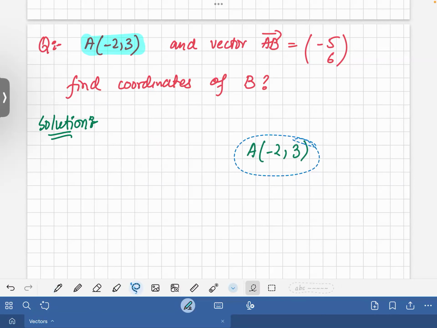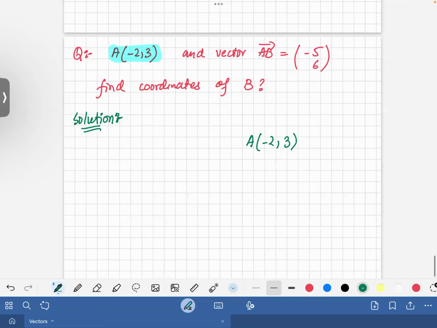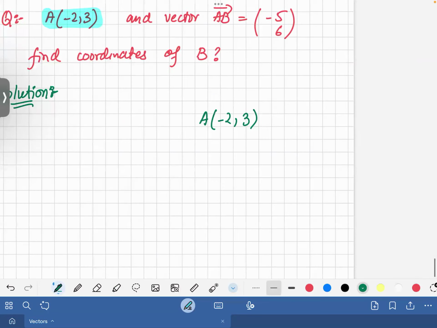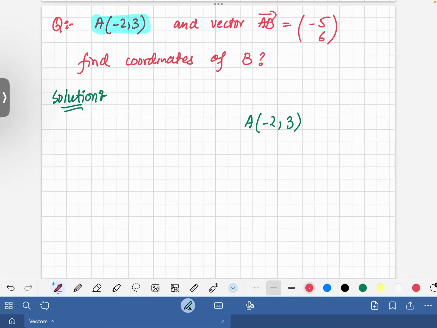Okay. So the coordinate of A is given. Agree? Yes, sir. I am standing at -2. Any problem? No, sir. According to the question, it is 5 left. Do you agree with me or not? And this says 6 up. Agree?